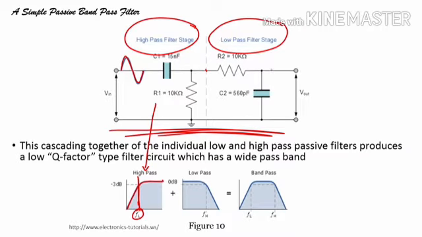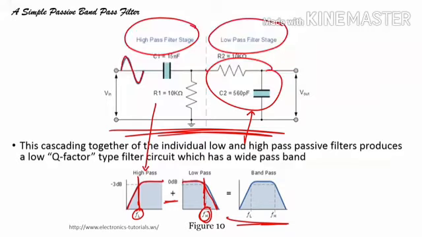In the low pass filter, a band of frequencies will pass below this FH, that means this particular band. If I cascade both, I have my band pass filter. This cascading together of individual low pass and high pass filters produces a low Q factor filter circuit, which has a wide pass band. It is very easy to understand a band pass filter once you know how the low pass and high pass filters work.